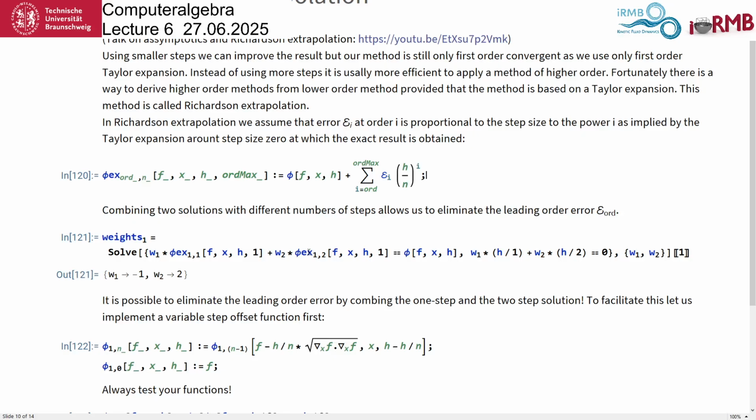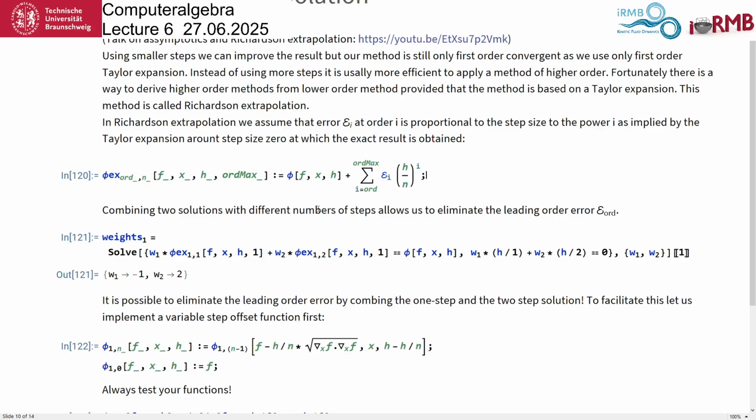Here, n is the number of steps, and here we divide h by n, right? So this now indicates 1 step, 2 steps. Okay, so this now is supposed to be our solution, and the higher order steps.